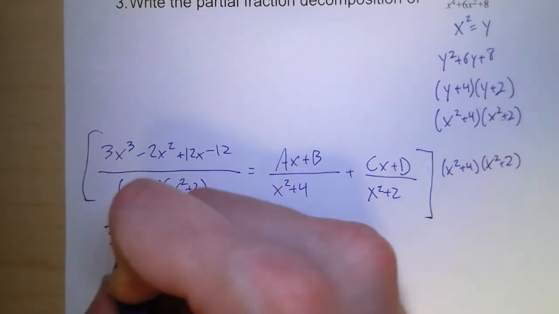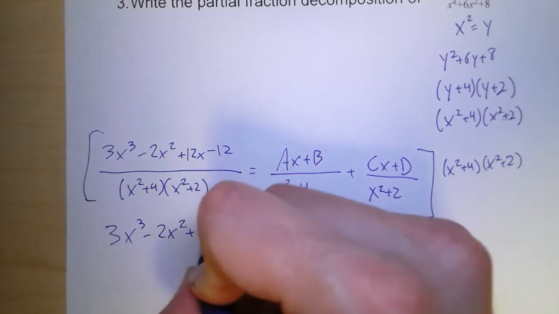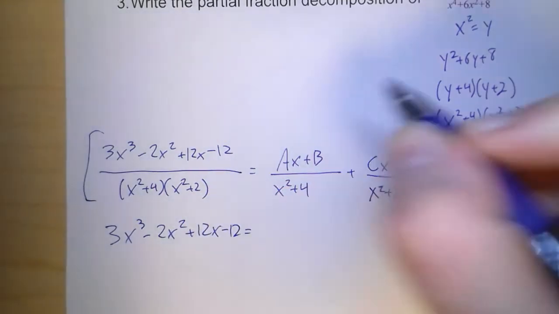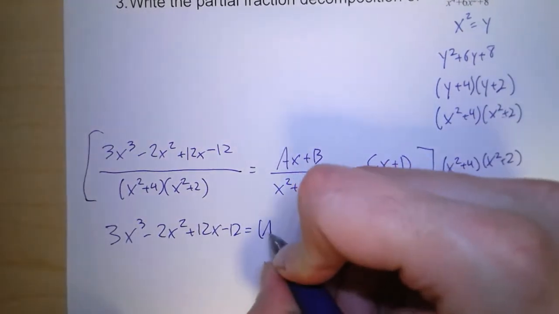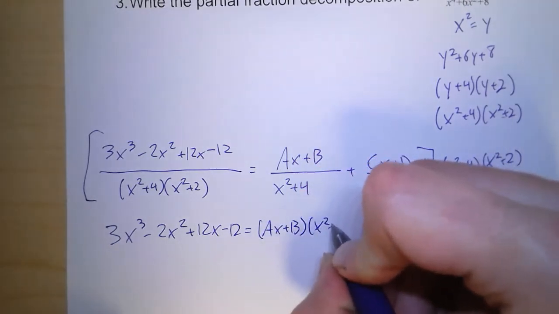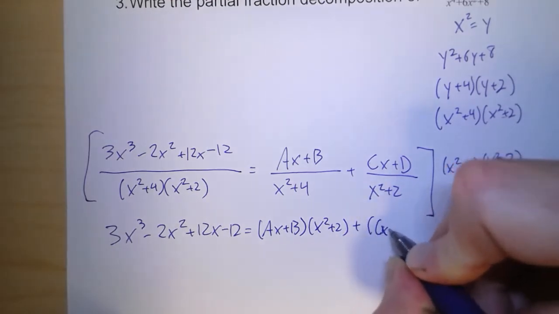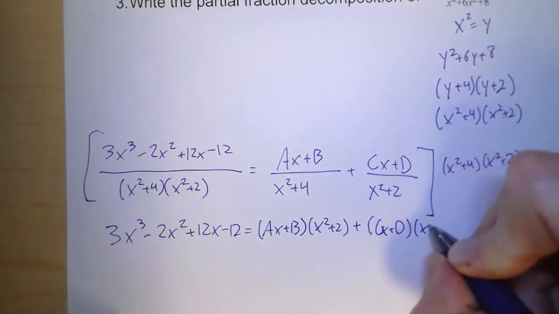All right, so we have 3x cubed minus 2x squared plus 12x minus 12. And so we're going to have ax plus b times x squared plus 2. And then we have cx plus d times x squared plus 4.